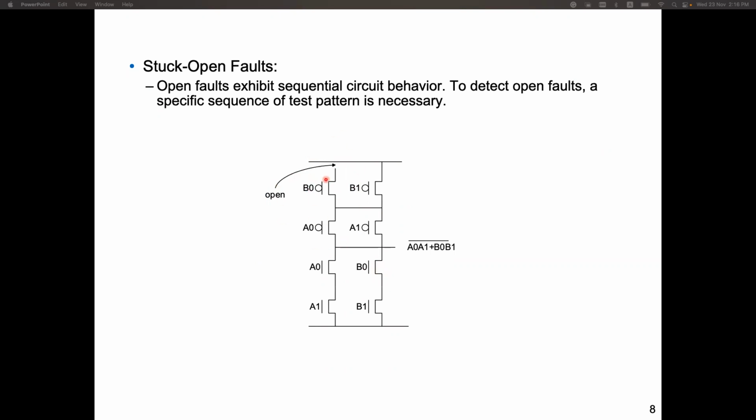Such a fault has the behavior of some flip-flops. Actually, some flip-flop circuit implementations apply the floating node concept. And here, if we have an open connection and some node is open, it shows the behavior of a sequential circuit.